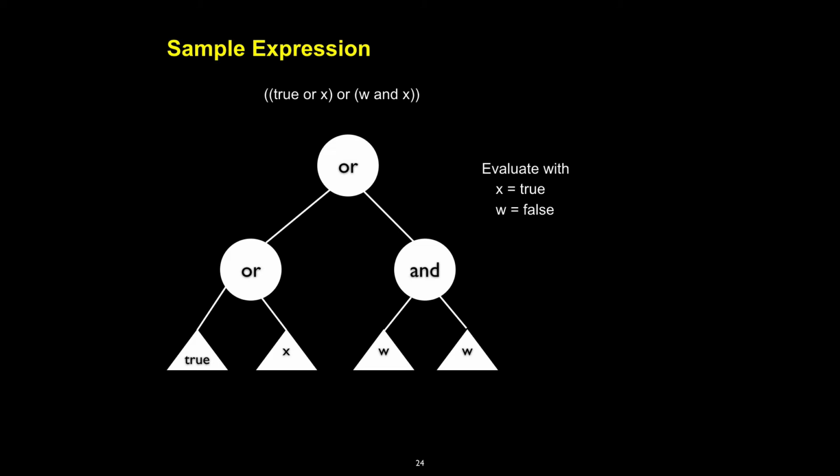Give me the left value, give me the right value, or it's easy, right? Not really complicated, right? Abstract syntax tree.